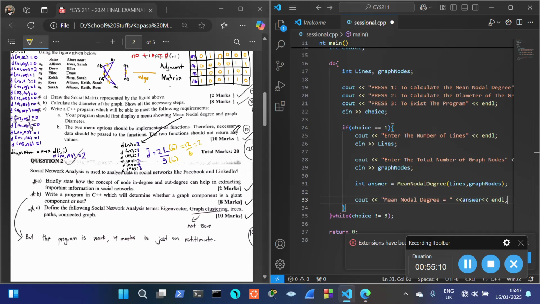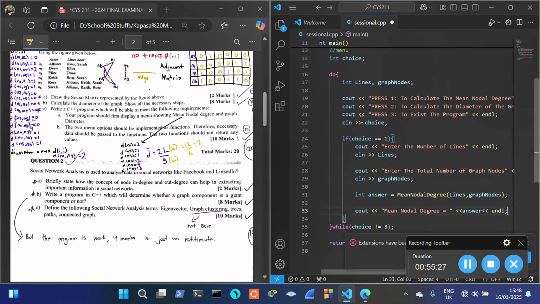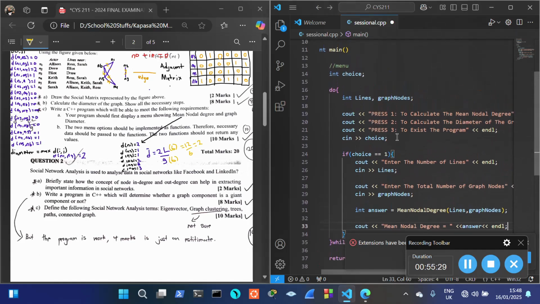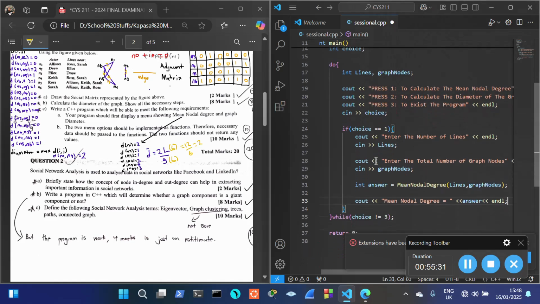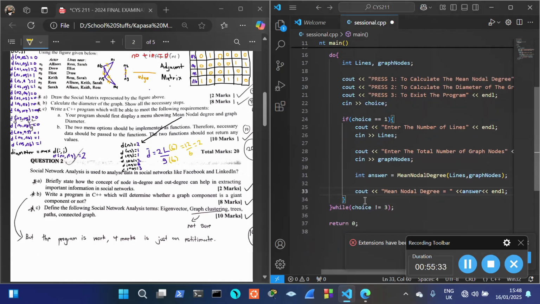Now we come to the part where it says we need to implement the graph diameter. Now remember, here we need to insert everything which you see. What I suggest is that inside this, we need to put an else statement.